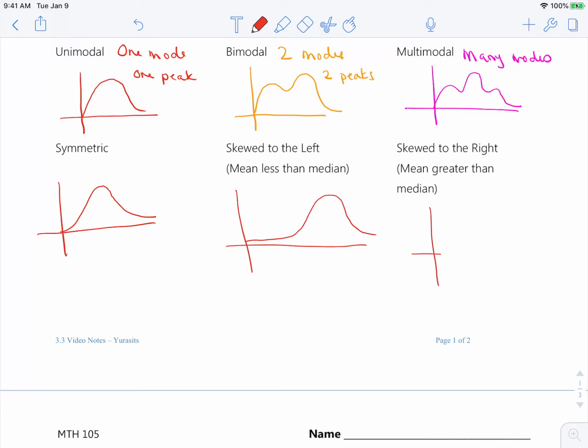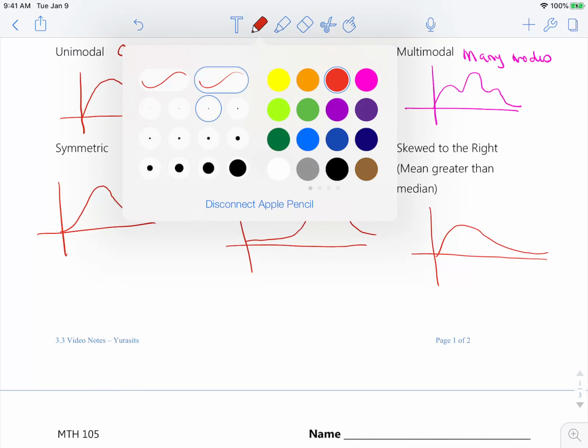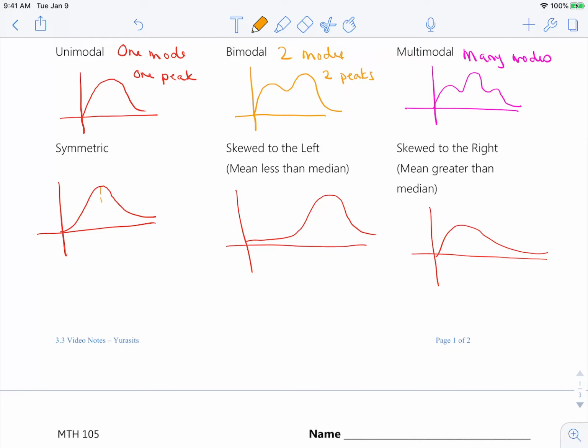And then something skewed to the right, you have a tail on the right. Well, what we just learned is our mode is our peak. Now remember, because this scale right here is frequency, that's how often it's happening. So that's why that would be our mode, because it's happening the most.